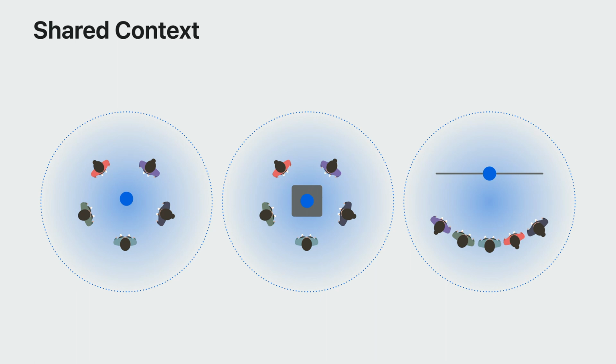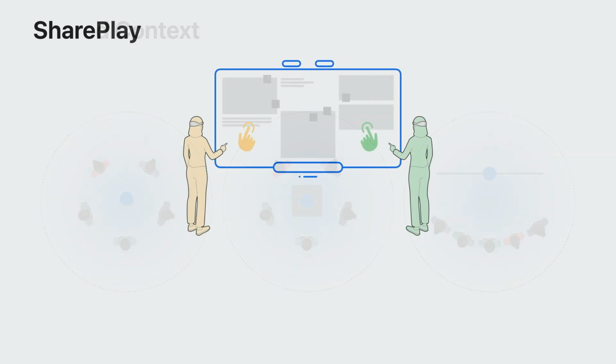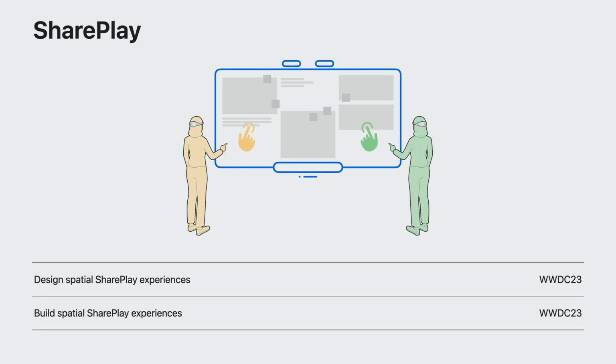The system manages this shared context for you, helping make sure that participants in a SharePlay session can all experience content in the same way. You can use spatial persona templates to further customize how people experience your content. To learn more, watch our sessions about designing and building spatial SharePlay experiences for this platform.